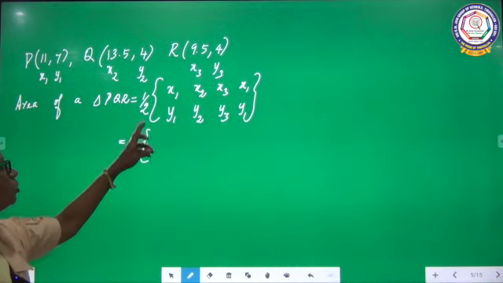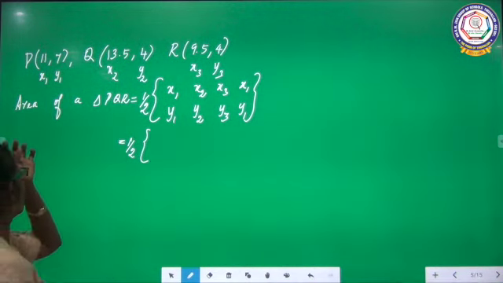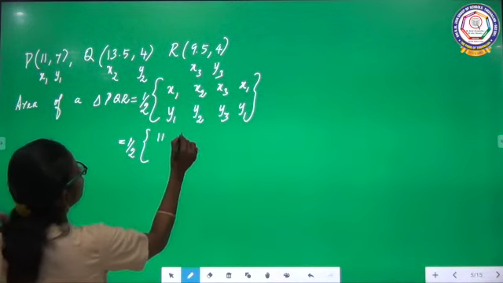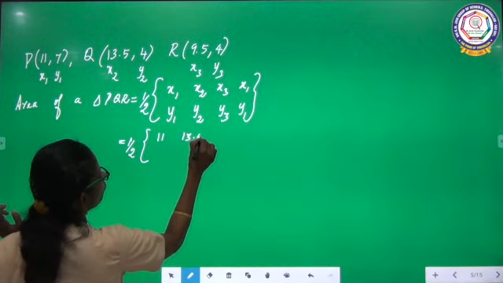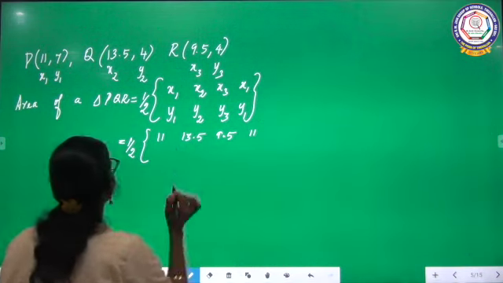Place the number in the sense you are going to replace the variable in terms of numerals. 11, 13.5, 9.5, 11.